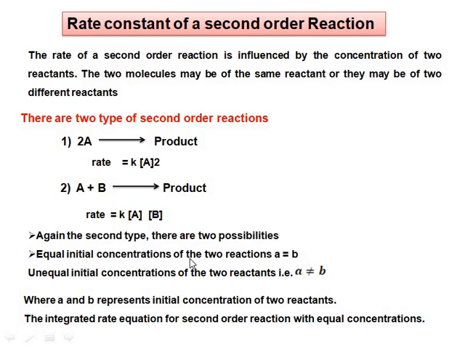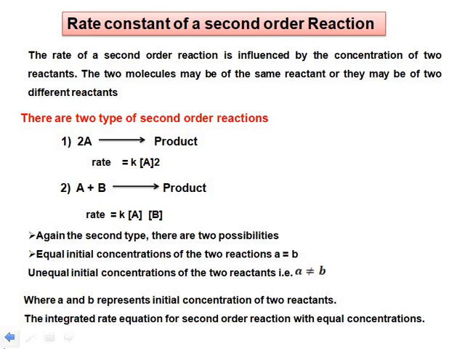This type has two possibilities. One possibility is equal initial concentration of the two reactants, meaning the two reactants have the same concentrations. The other is that they have different or unequal concentrations.